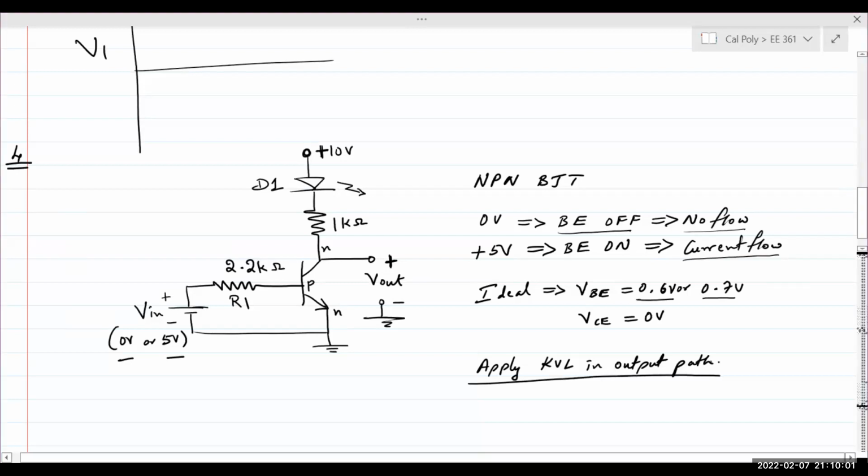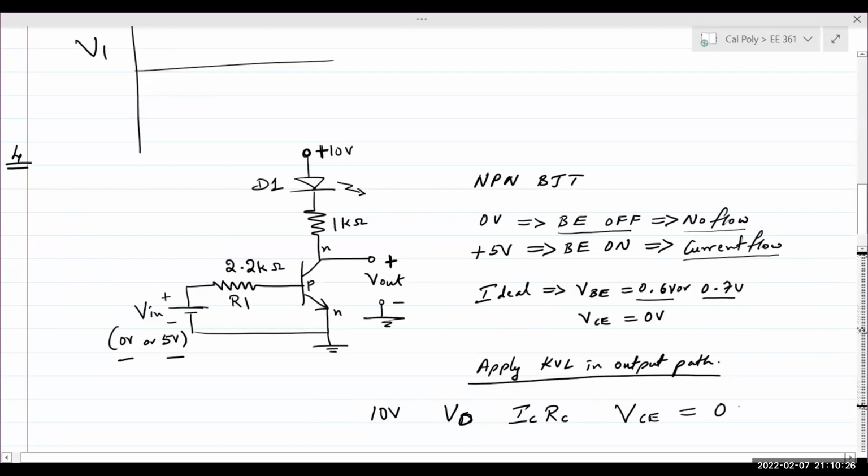In the output path, we have 4 voltages. We have the 10 volt DC supply. We have the forward bias diode voltage, VD. We have the voltage drop across the collector resistor, and we have VCE.